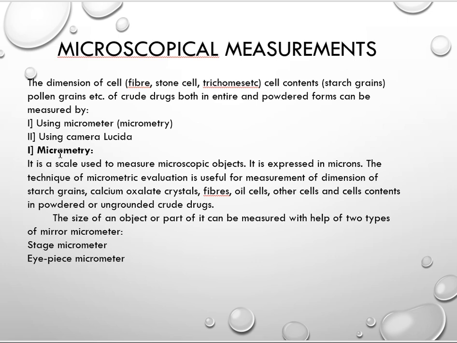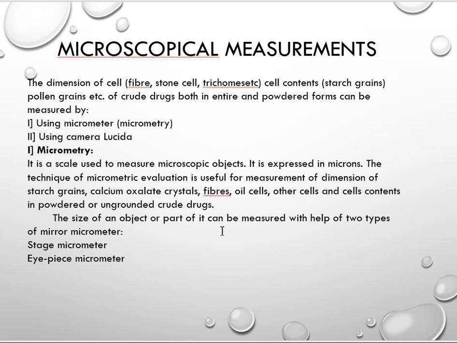You can see micrometer जो होता है ये एक ऐसी स्केल है जो माइक्रोस्कोपिक ऑब्जेक्ट्स को हम लोग स्टडी करते हैं, ये माइक्रॉन्स में जो है एक्सप्रेस होती है. It is a micrometric evaluation which is useful for the study of dimensions of starch grain, calcium oxalate crystals, fiber, oil cells, other cells, and cell contents in powdered or ungrounded crude drugs.